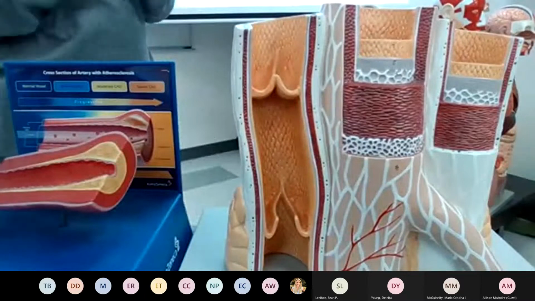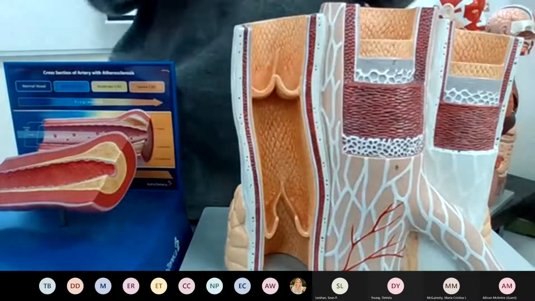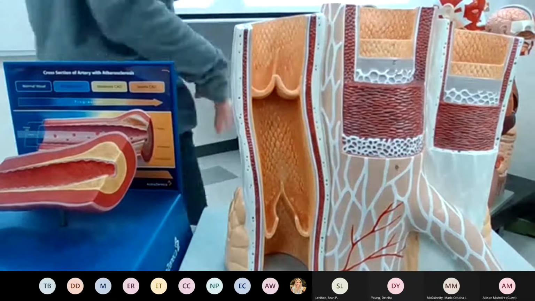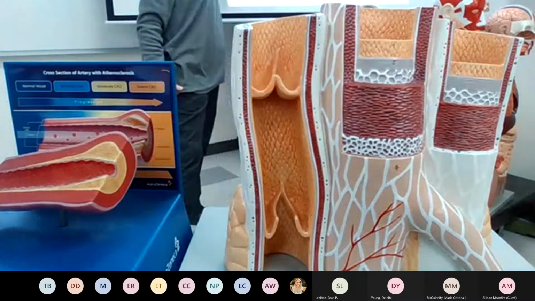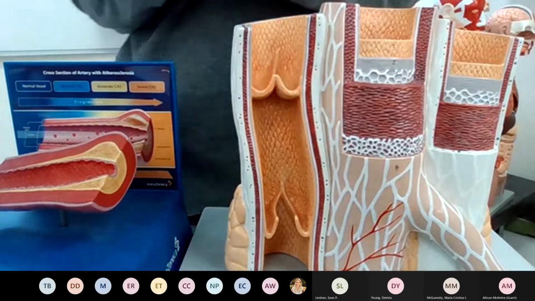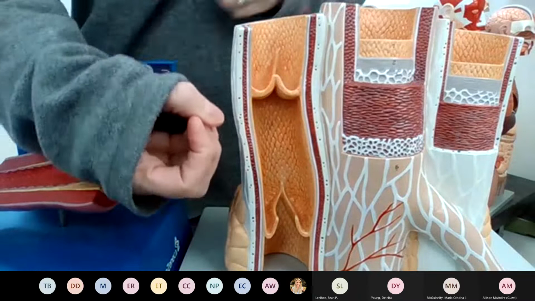Now, as the book talks about it, in our arteries, because there's so much muscle, the tunica intima is going to look more like a circle or a nice rounded hole.